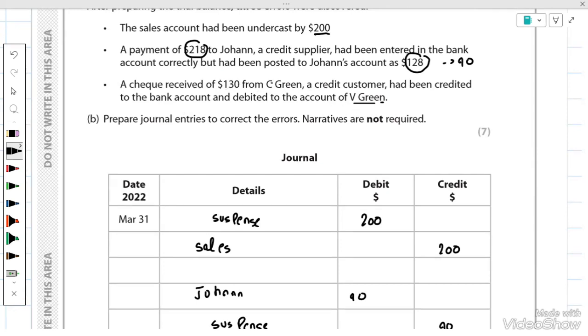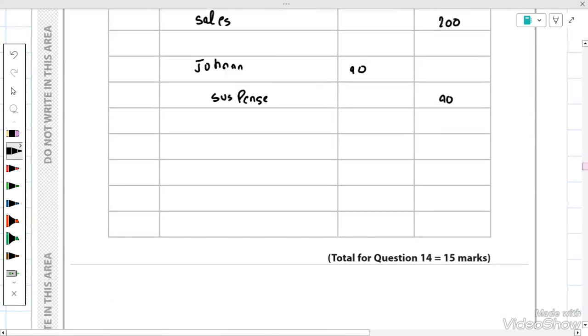So it means that we have to record 130 in C Green's account.